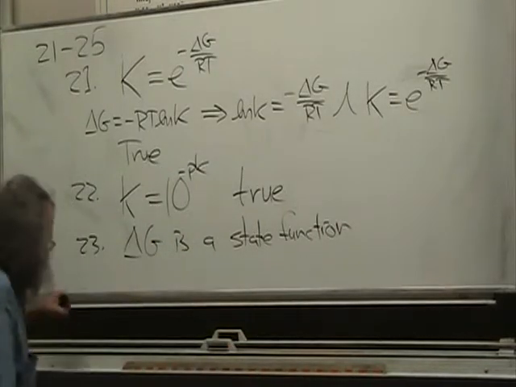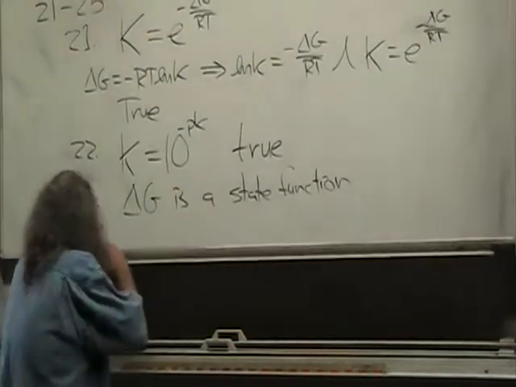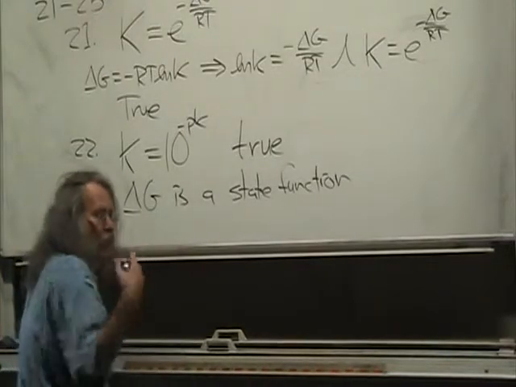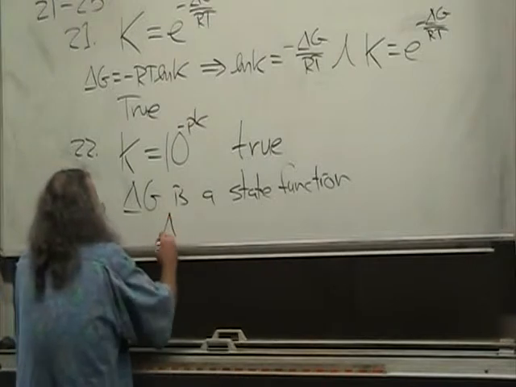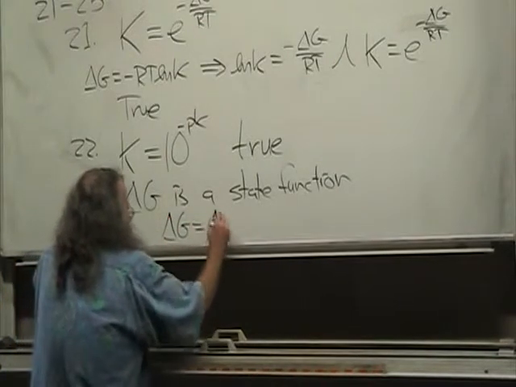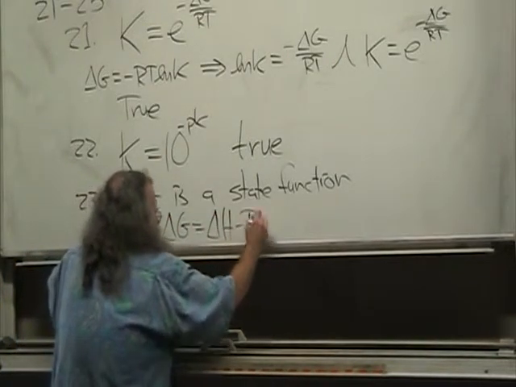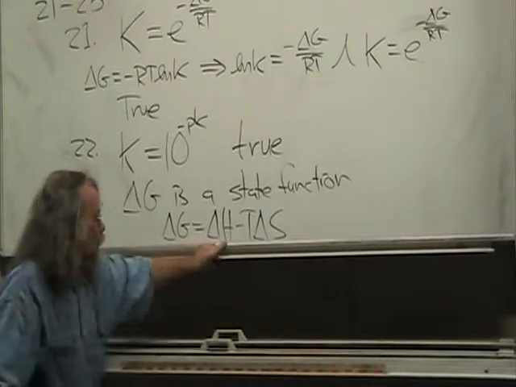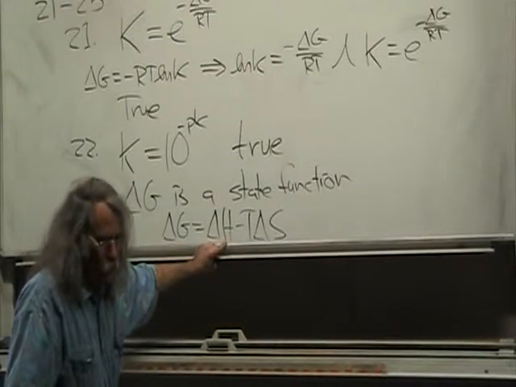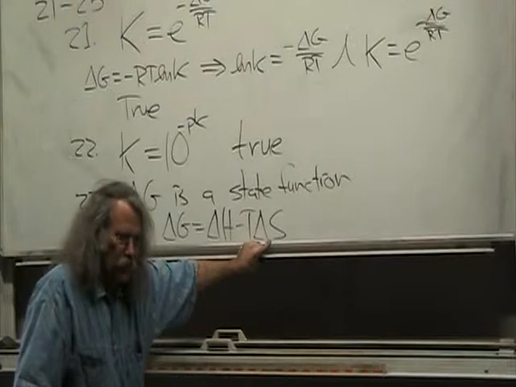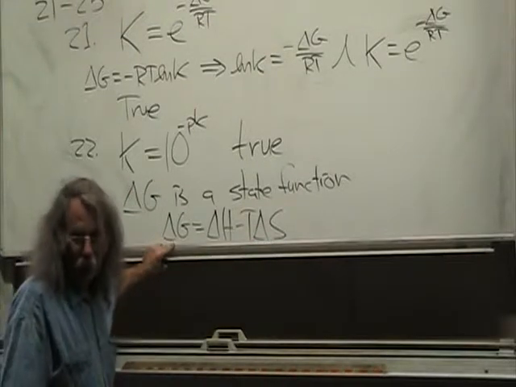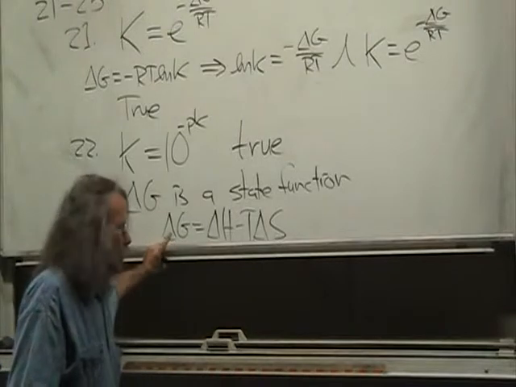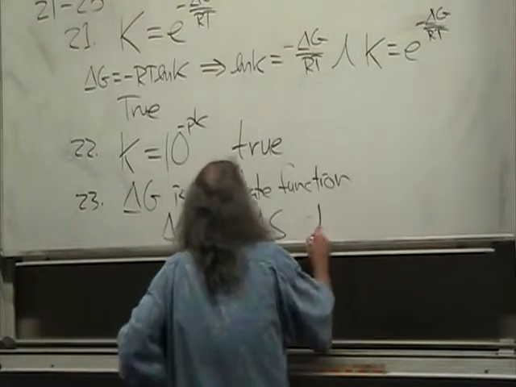We showed that, but another fact that supports it is delta G is equal to delta H minus T delta S. Now we know that enthalpy is a state function, and that entropy is a state function. So the sum of two state functions is itself a state function and path independent. And so yes, this is true as well.